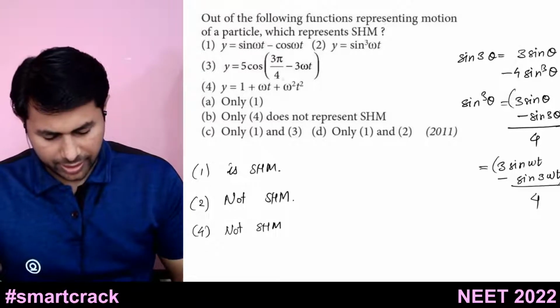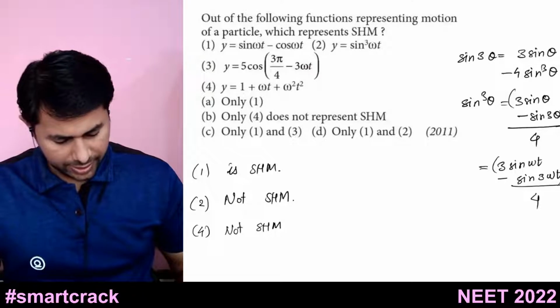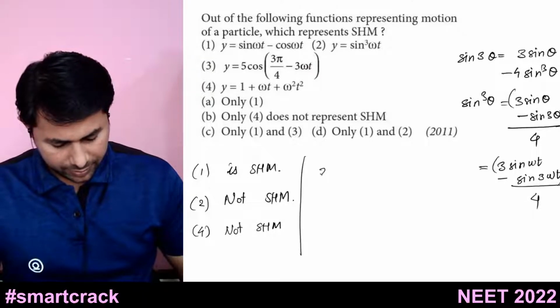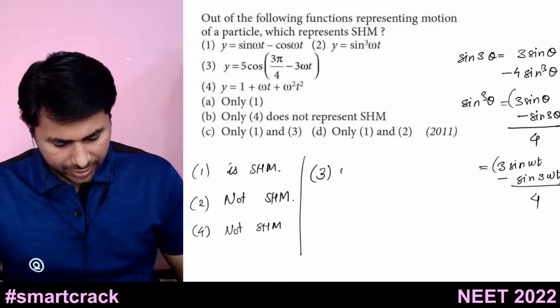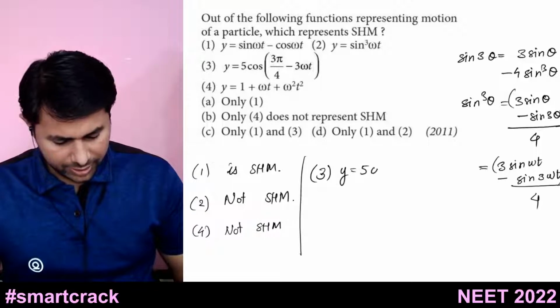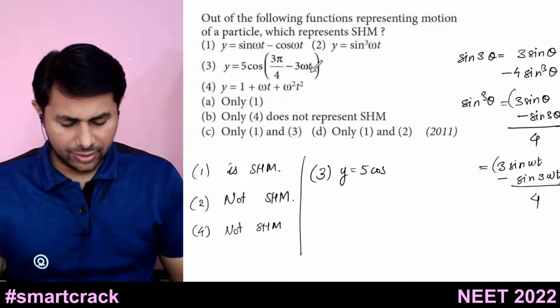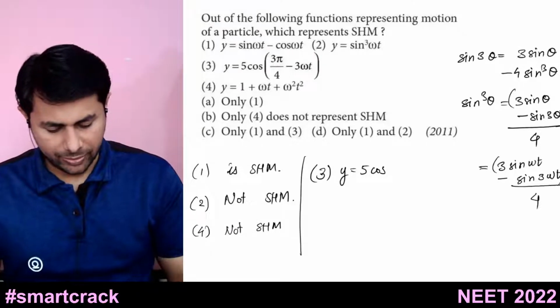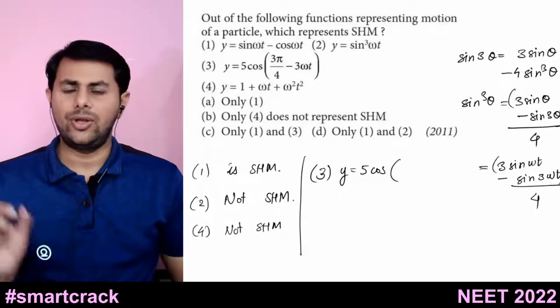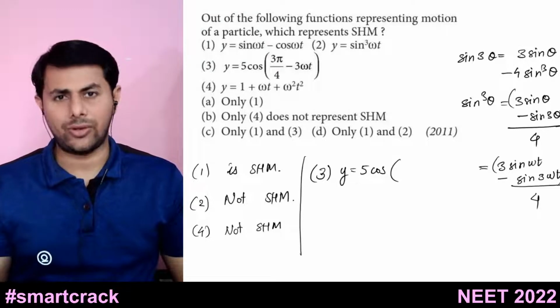And if you think about third, it is y equals 5 cos, and now I will just write it as 3 omega t minus 3 pi by 4, and we know cos of minus theta is equal to cos of theta.